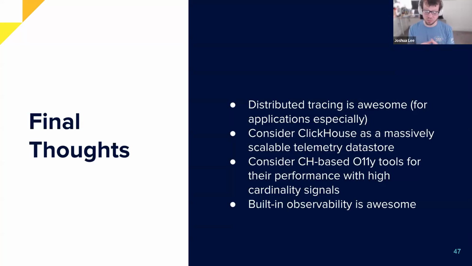And if you're not doing completely DIY observability, then you might want to consider some ClickHouse-based observability tools like the ones that we shared, especially if things like cardinality and dimensionality are important to you, and you don't want to think about that stuff in advance. You want your database to just handle it so that you can figure it out later. And tools with built-in observability, that's just awesome. Let's see more of that. I love it. Way to go, ClickHouse team.